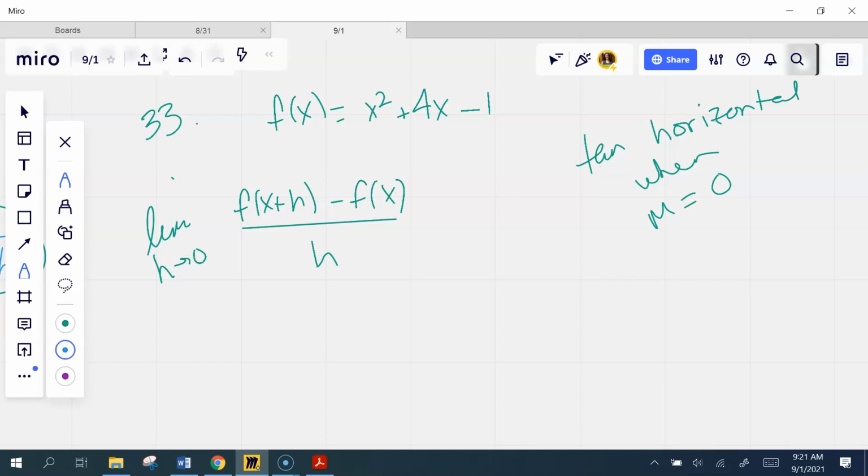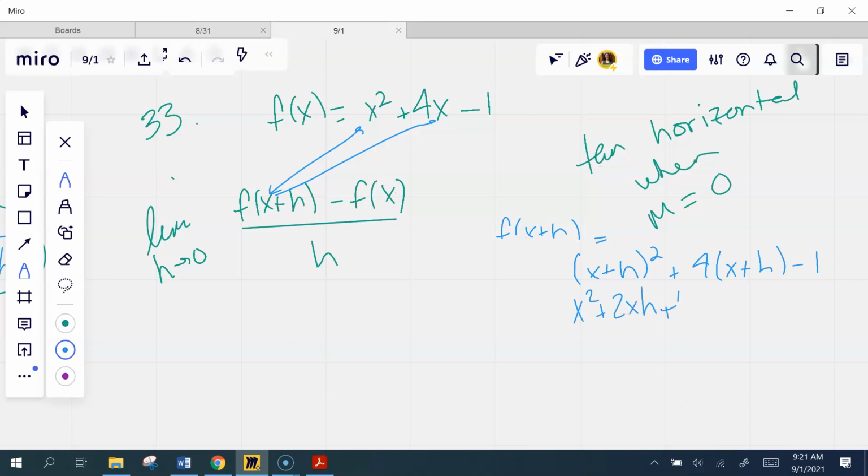Because here, Ollie, I think this is what you were talking about, where you get confused about this going in here, right? Because it's got to go in here twice. So f of x plus h is x plus h squared plus 4 times x plus h minus 1. Well, the problem that I struggle with is knowing why the h has to go to x.